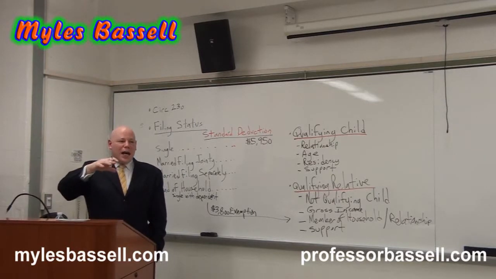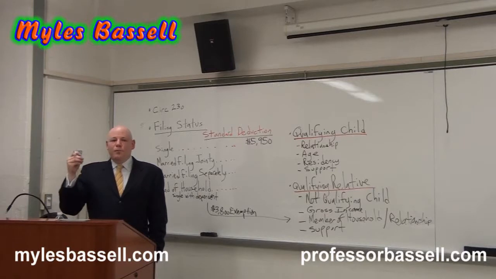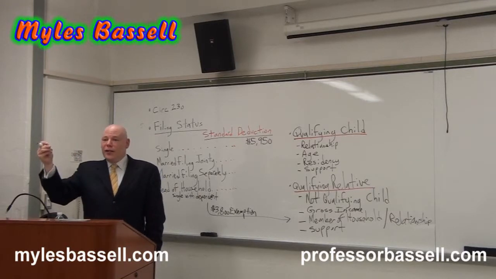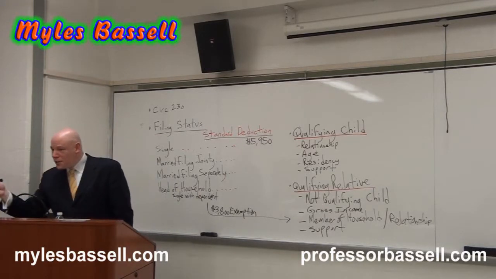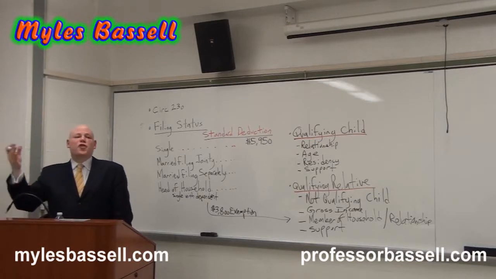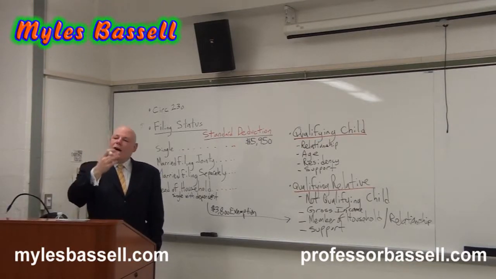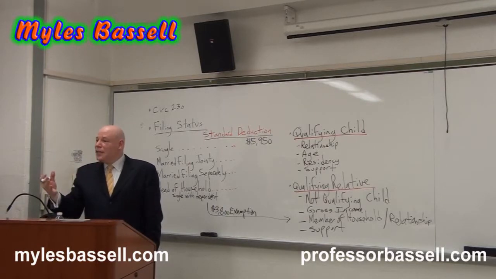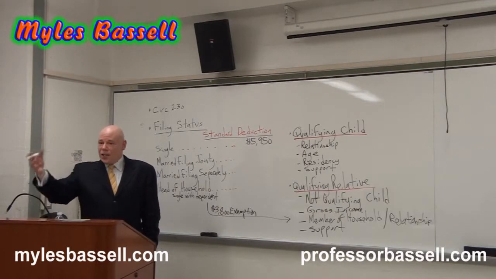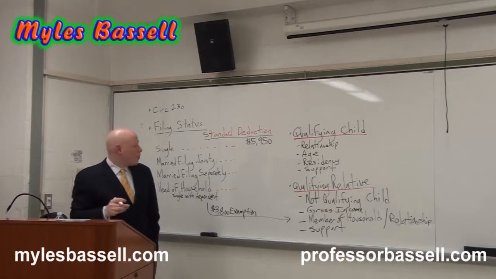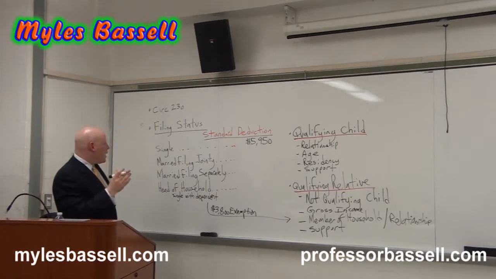So everything about the IRS code, the way it was written by Congress, is based on a certain motivation, either to encourage us to do something or discourage us from doing something. So depending on the particular action or behavior, there's tax consequences. So $5,950 is for single.